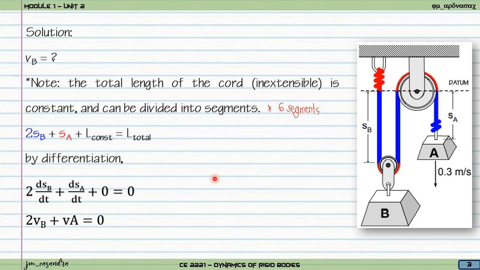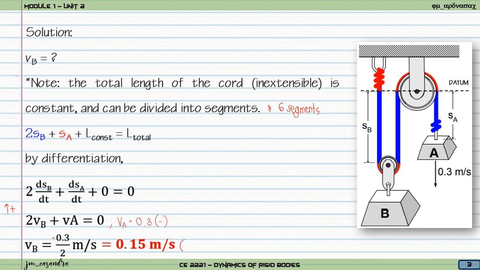Since we are given that VA is moving at 0.3 meters per second and it is moving down, this will be a negative value, as we assume that our positive direction is upwards. Substituting, VB is equal to negative of negative 0.3 divided by 2 meters per second, which is equal to 0.15 meters per second.